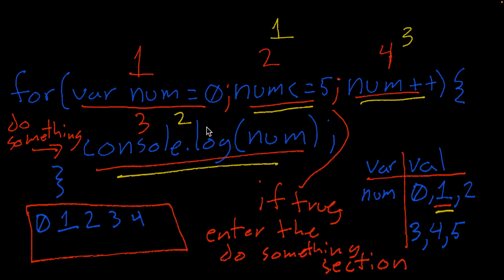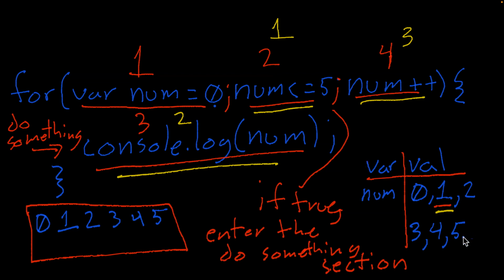So then we'll enter section 2, because if it's true, we enter the do something section, console log num. All right, so we'll do that now. Console log num. Once we finish step 2, we go back to step 3. Anytime we do 2, we go to 3. And it says increase num again.